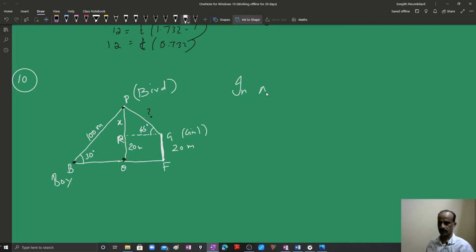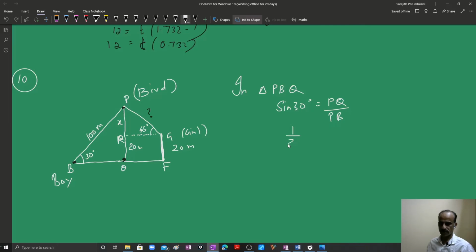So in triangle PBQ, PQ is the opposite side and PB is the hypotenuse. Earlier we used to take tan every time, but there we wanted opposite side and adjacent. The adjacent side is not given here. Opposite side is given and hypotenuse is given. We'll take sine 30 is equal to opposite side PQ divided by PB.